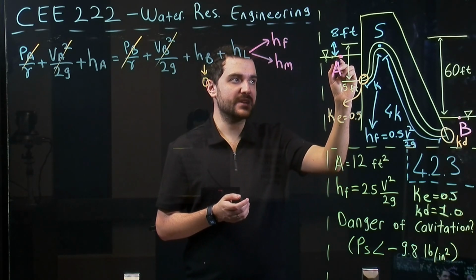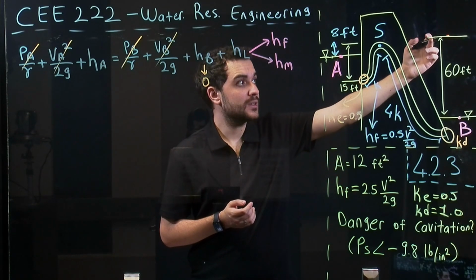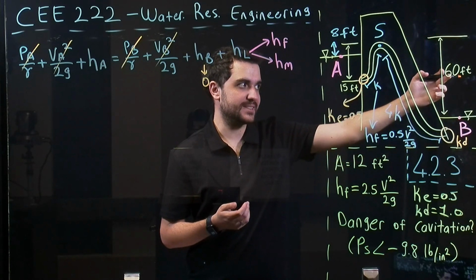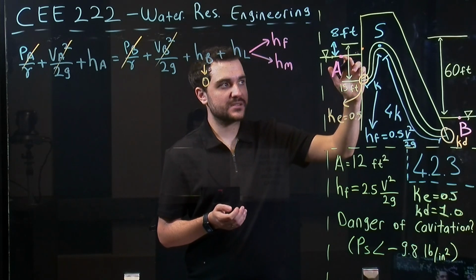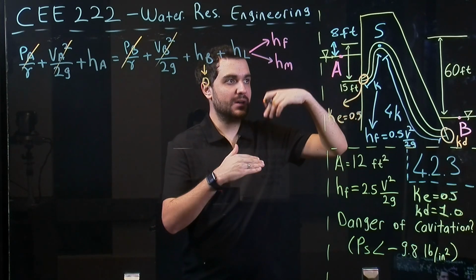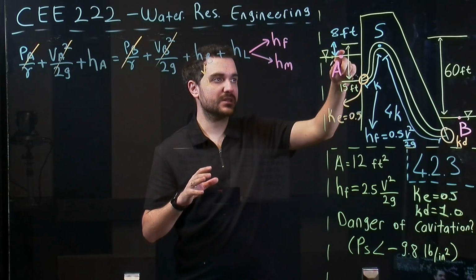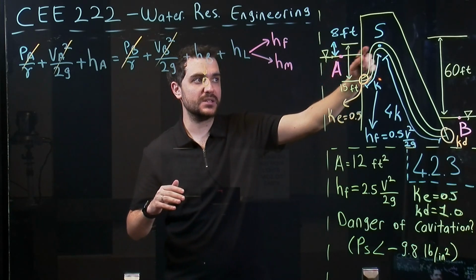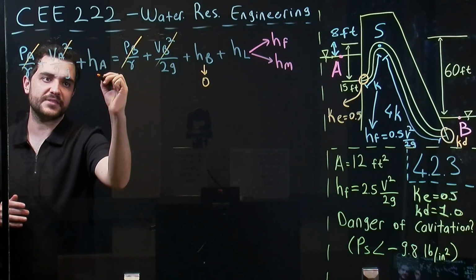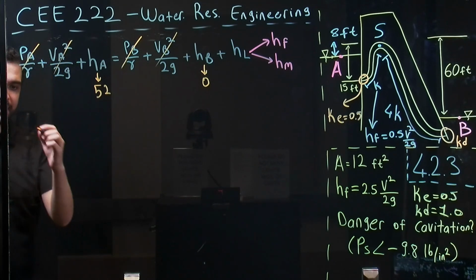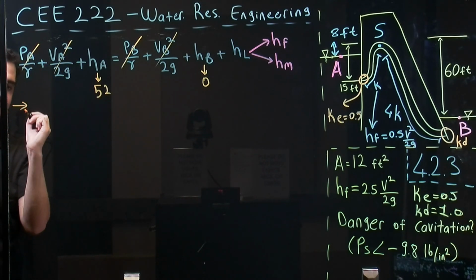The point here will be 52 because the total distance from summit to this downstream reservoir is 60 feet, and the upstream of this reservoir is 8 feet below the summit, so it will be 52. And then we can continue with the question.